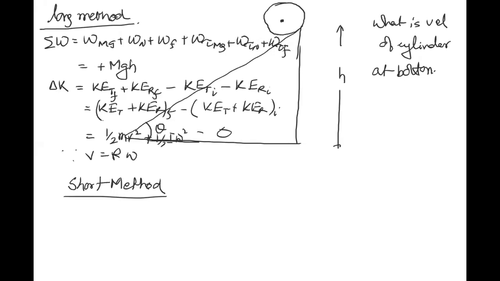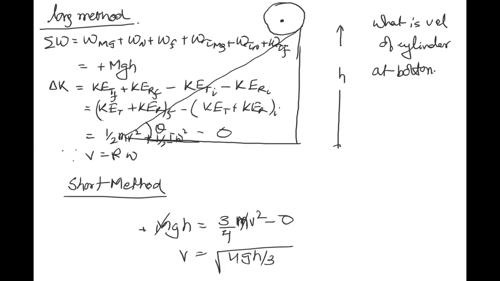Short method is simply plus mgh is equal to final kinetic energy minus initial kinetic energy. So v is equal to under root of 4gh by 3.